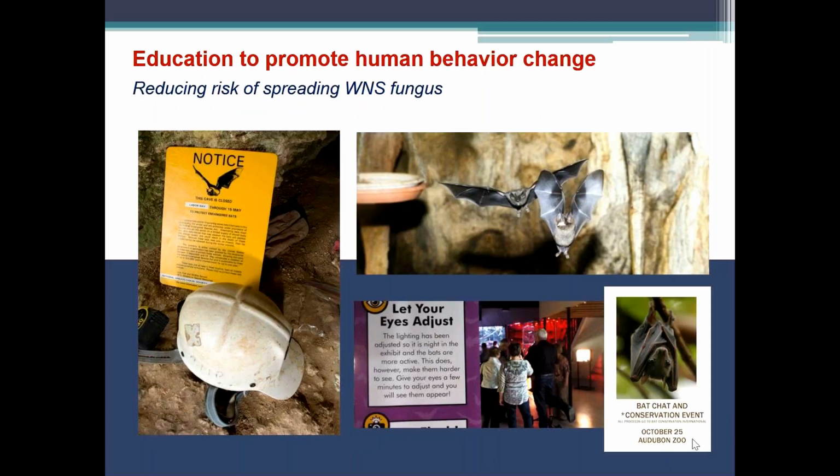Another example using the same case with bats is to reduce the spread of disease. People are often asked to not go into caves, which is a recreational activity, or to use different kinds of quarantine or foot baths, things like that, to prevent the spread of disease.